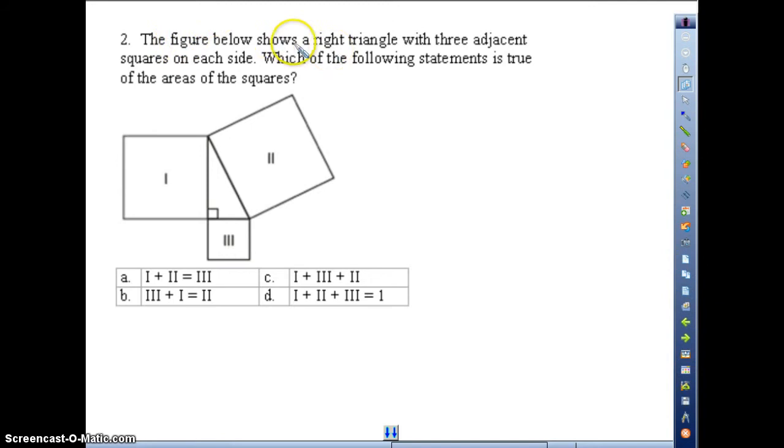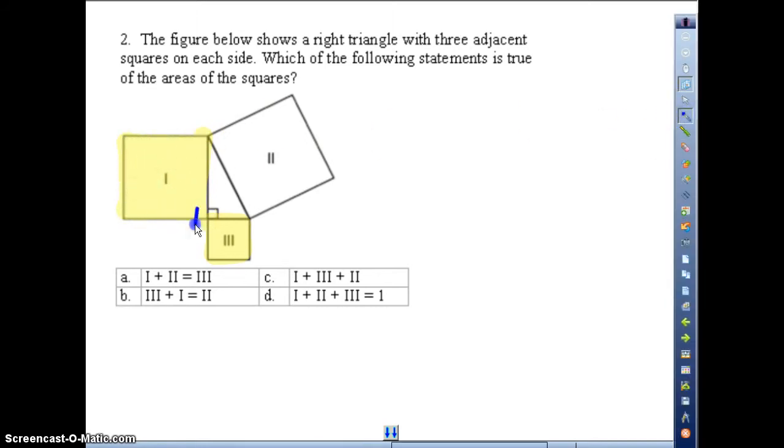Number 2, the figure below shows a right triangle with 3 adjacent sides. Here's your right triangle, 3 adjacent sides that have been made into squares. Which of the following statements is true of the areas of the squares? Well, with Pythagorean theorem, what you guys originally learned was the area of the small square plus the area of the medium-sized square should equal what?